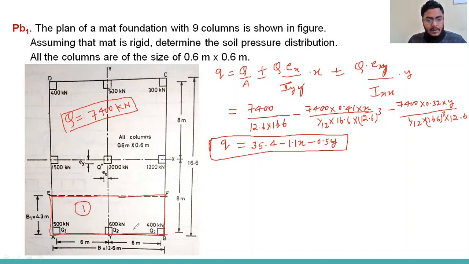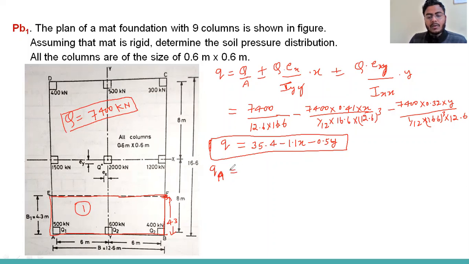The dimension of this strip is 12.6 into this width. Center to center up to here is 4 meters, so the total width will be 4.3. Now we can calculate the pressure at point A.